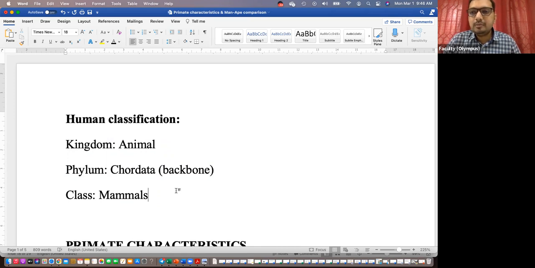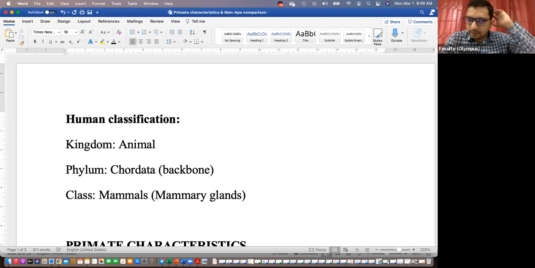So they feed the baby. Okay, so these organisms have fur on their body, plus mammary glands. What you can remember here is mammary glands. So they can feed the baby through body-produced milk. So these come under mammals.